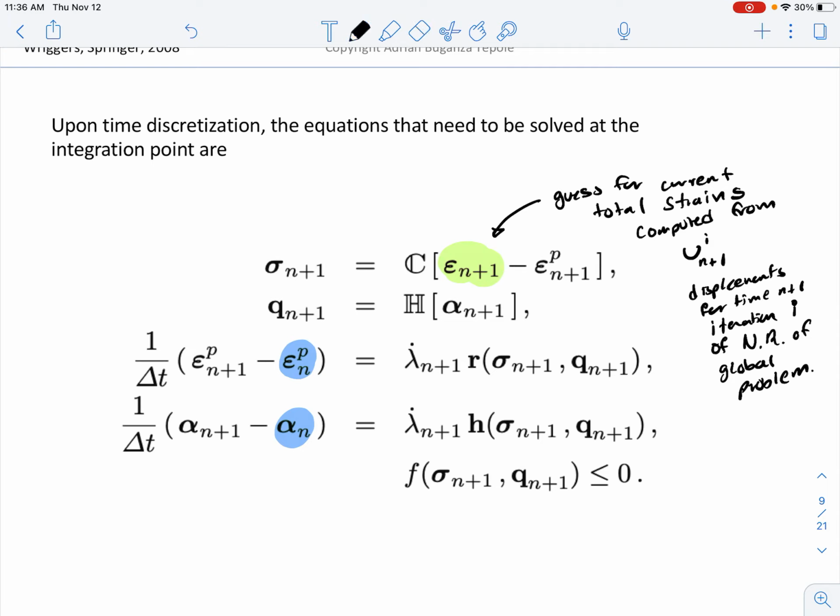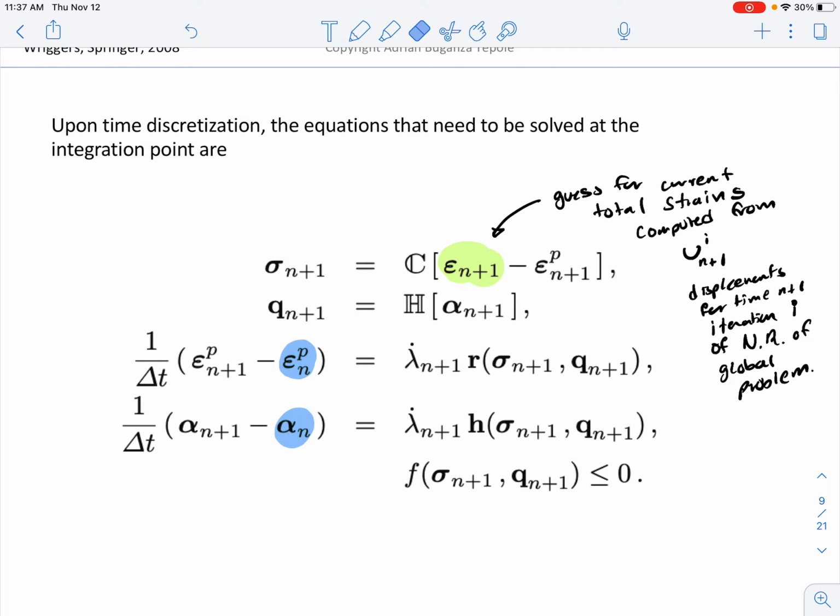So here, same thing. You can imagine that the outer part of your code is the same. You have exactly the same Newton-Raphson as before. For each iteration, you are going to get some guess for the displacements. And now, based on that guess for the total displacements, for these iterations, you can compute the total strain.